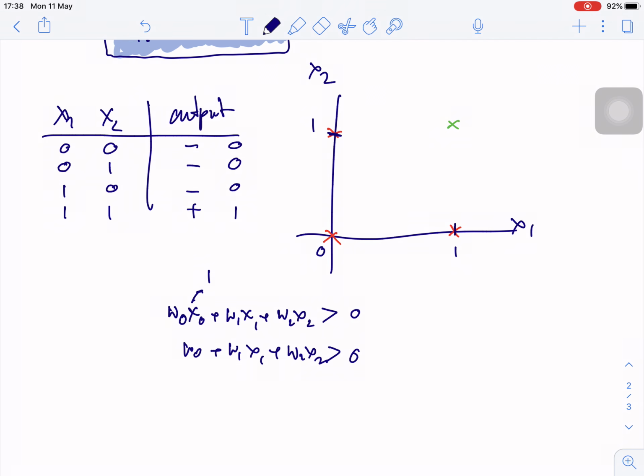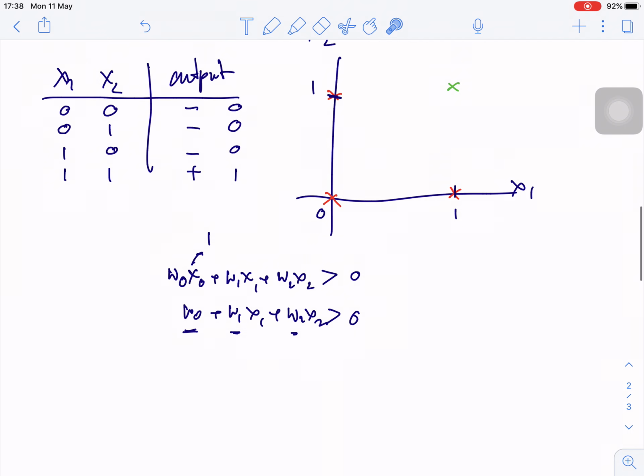Your task is you have to find the parameter setting like the one that we did in our hypothesis representation in the first part of the introduction to machine learning. So it's quite easy that you can find W0, W1, and W2 that make these examples to be correctly classified by this perceptron.